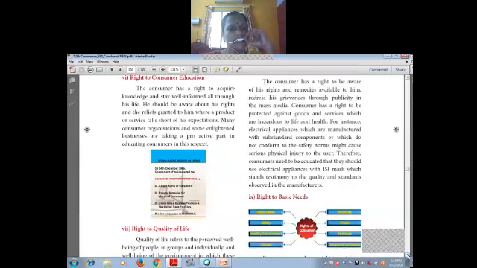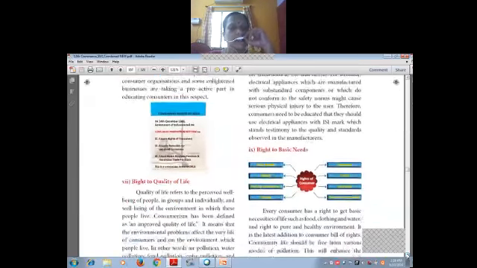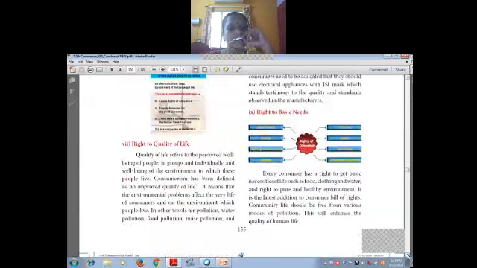Okay, and then right to quality of life. The quality of life refers to the perceived well-being of people, in groups and individually, and the well-being of the environment in which these people live. Consumerism has been defined as an improved quality of life. It means that environmental problems affect the very life of the consumer and the environment in which people live.